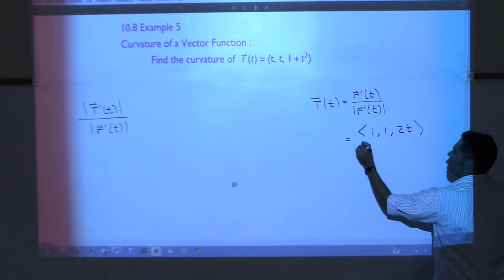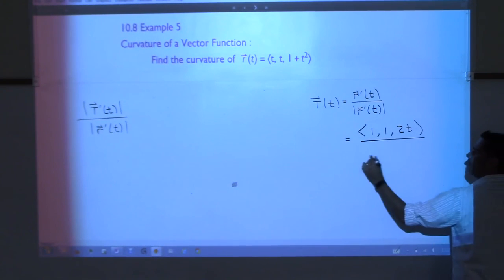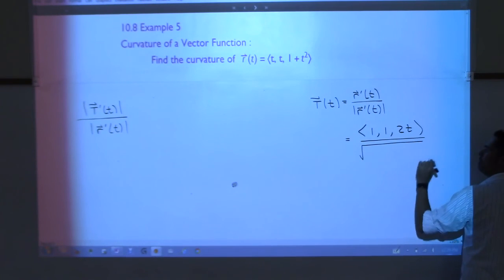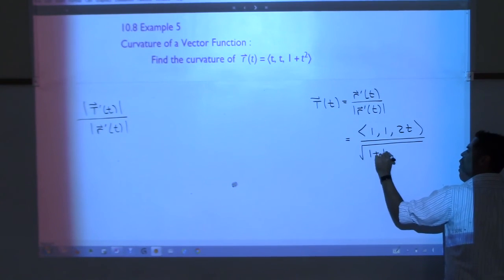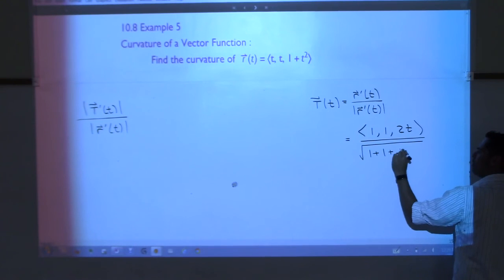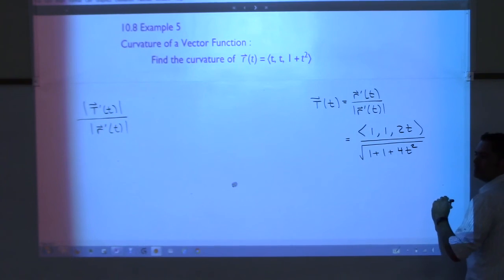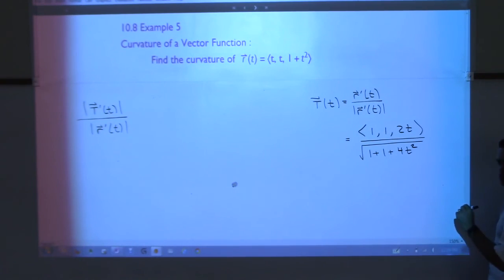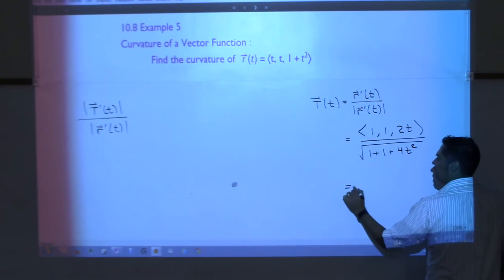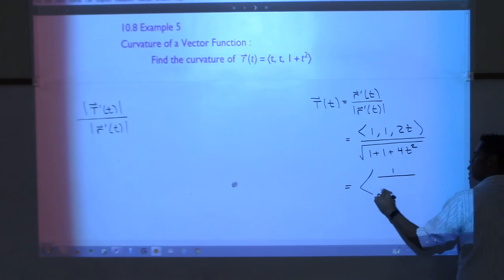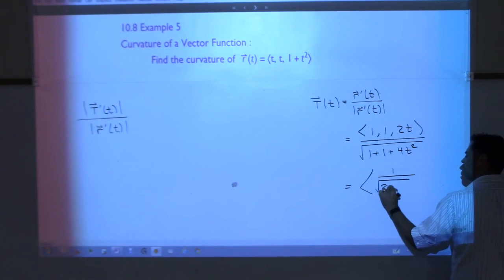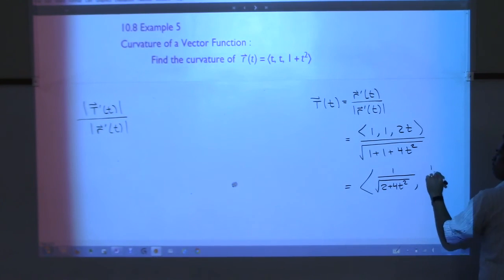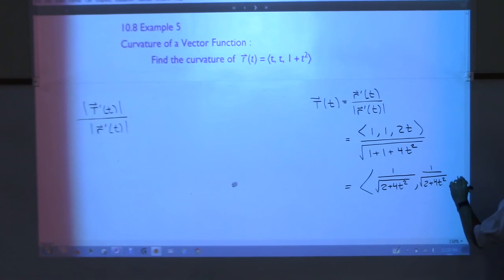Okay, I'm going to divide that by its own length. What's its length? Square root of 1 plus 1 plus that squared, so 4t squared. So 2 plus 4t squared. So this vector becomes 1 over square root of 2 plus 4t squared, comma, 1 over square root of 2 plus 4t squared, comma, 2t over square root of 2 plus 4t squared.